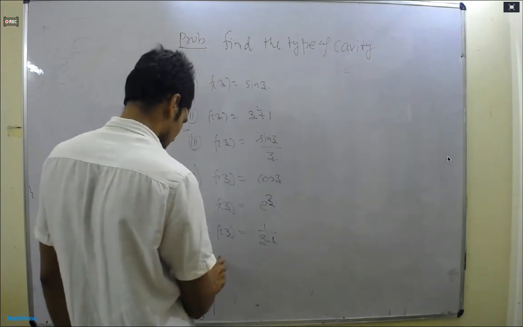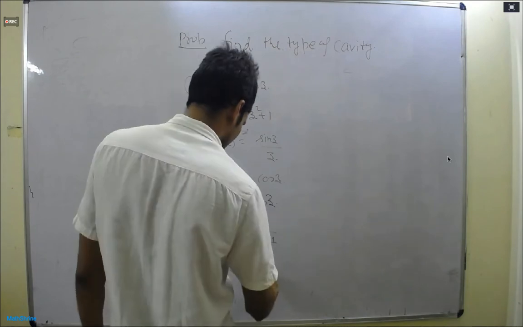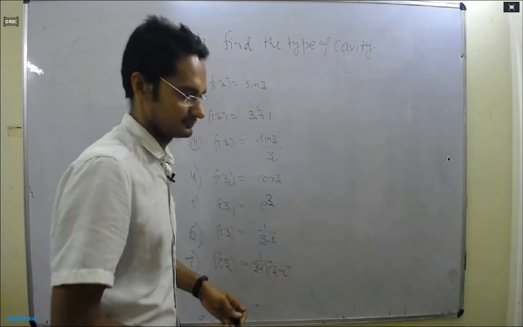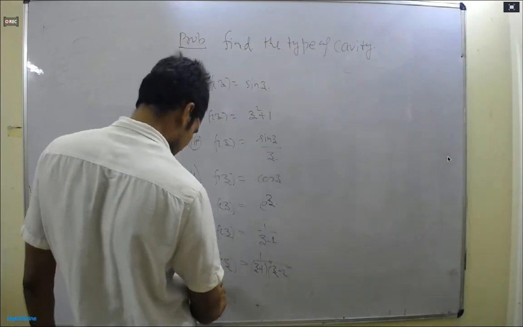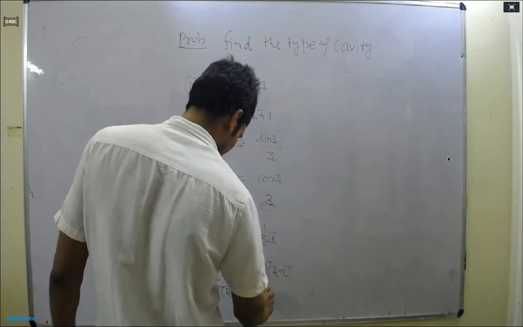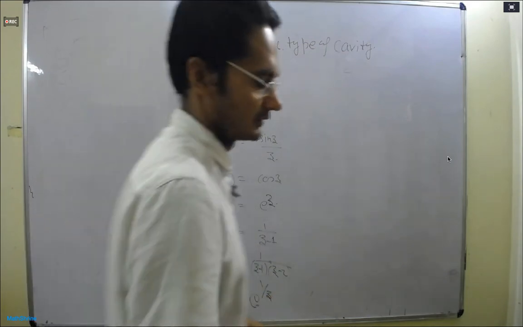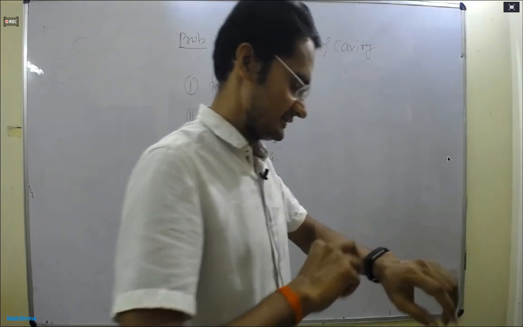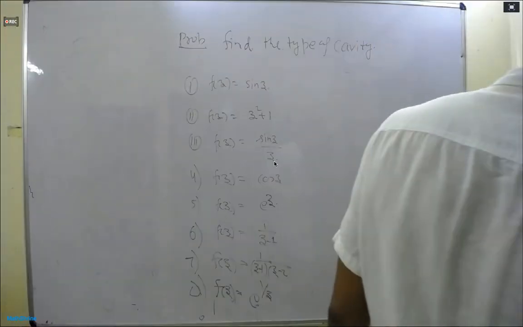The last one is f z is equal to 1 upon z minus 1 into z minus 2. We can write one more, number 8, f z is equal to e raised to the power 1 upon z. So I am giving you 5 minutes. It is 8:50. Think about the questions properly in 5 minutes and let me know. Then we will look at it together.